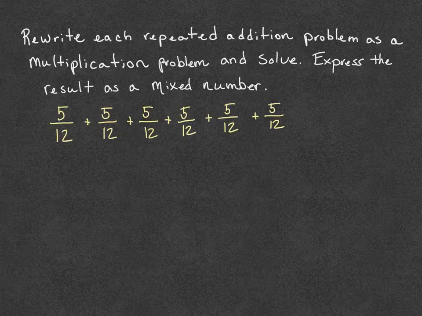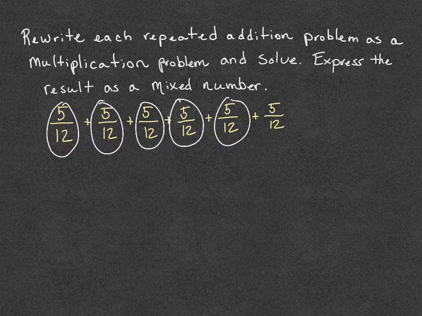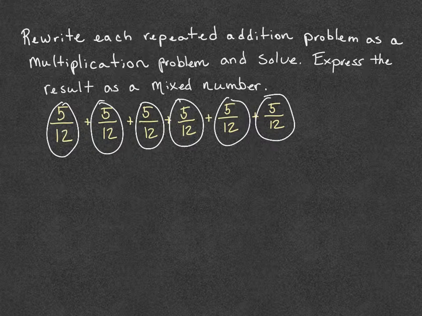All right, we're going to do the same thing again, and we're going to make this repeated addition into a multiplication problem, then we're going to solve it. And we want our answer to be a mixed number. So how many 5/12 do we see? We see 1, 2, 3, 4, 5, 6 5/12.